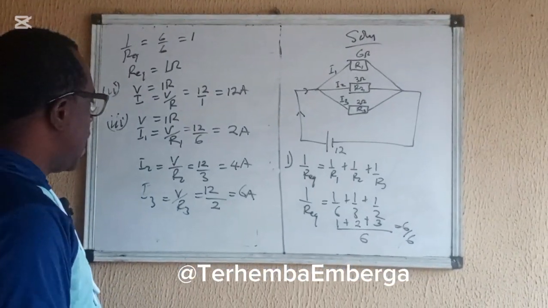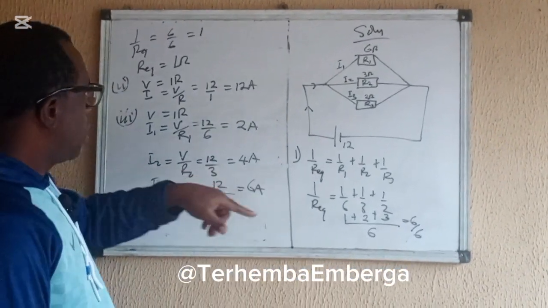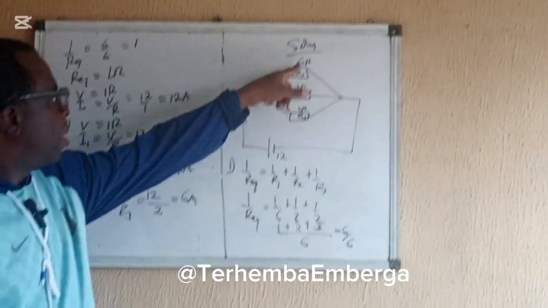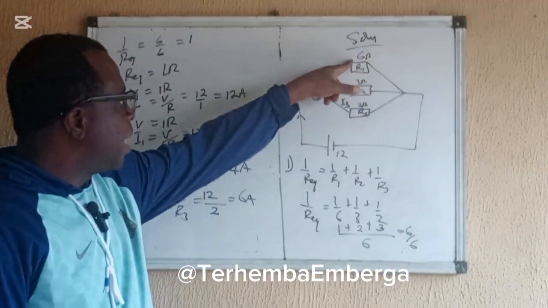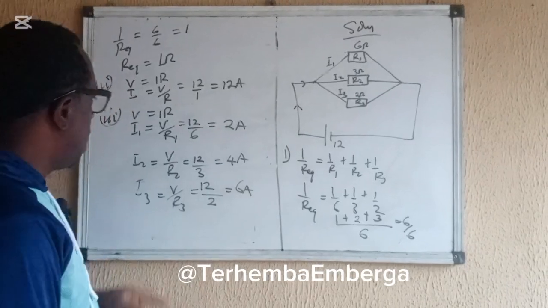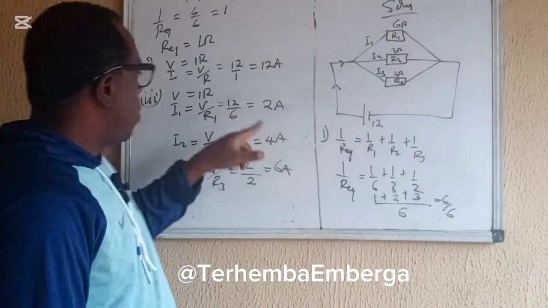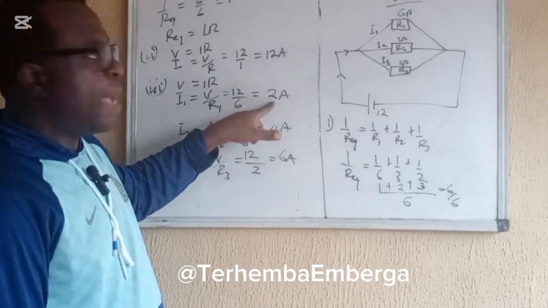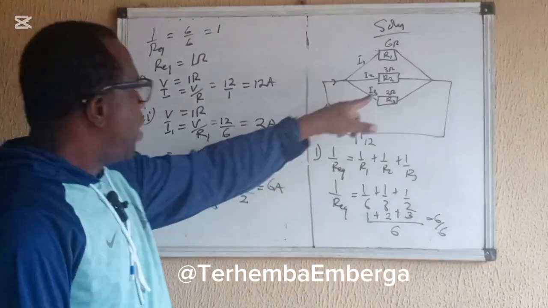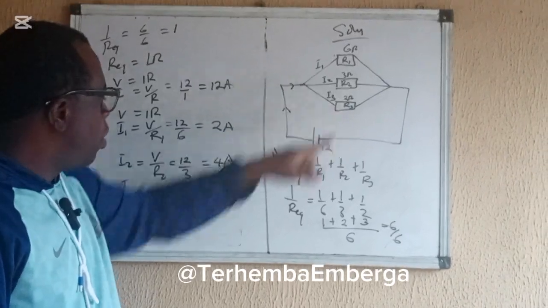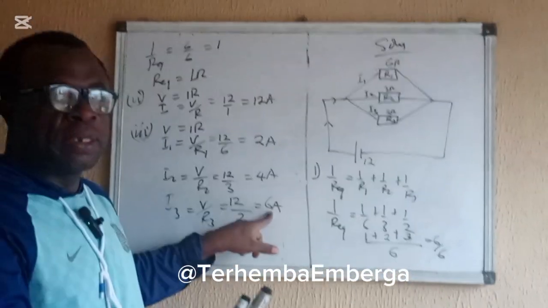So the implication here is that when you have a higher resistance, the smaller the current. For where we have 6 ohms, we have 2 ampere. Where we have 3 ohms, we have 4 ampere. Where we have 2 ohms, the current increases.